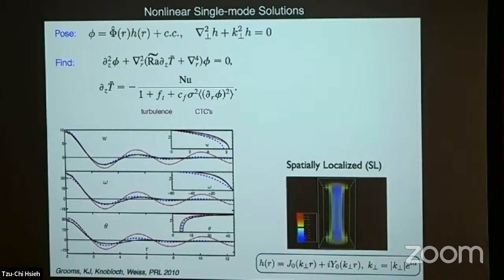Once we have that, we can look at how well it's doing compared to the real solution in the mean temperature gradient. These are all vertical profiles. Compared to the actual fit, it's not doing so badly here.